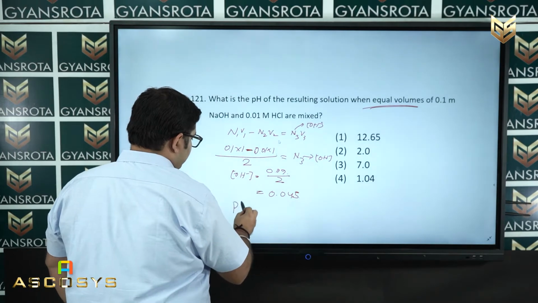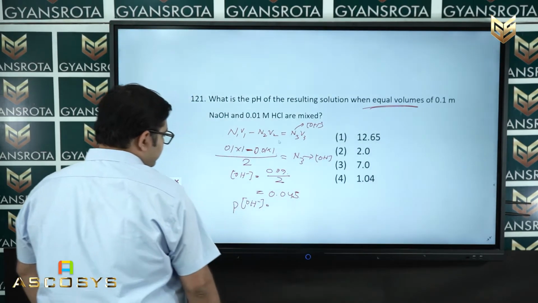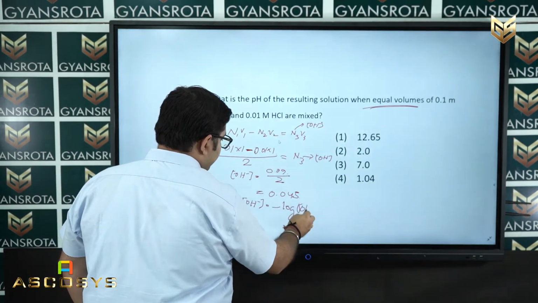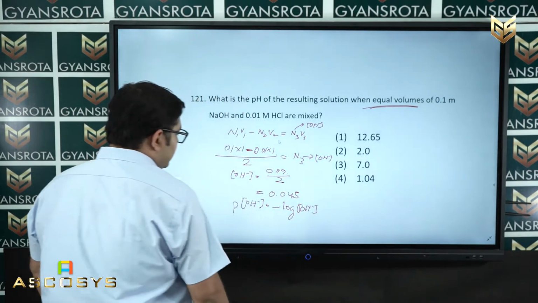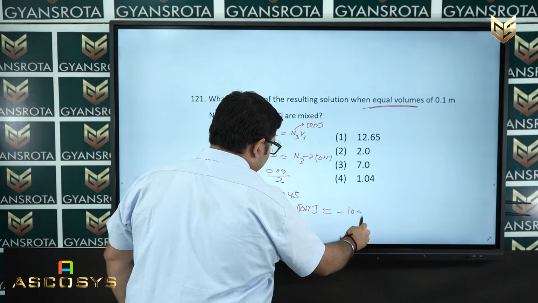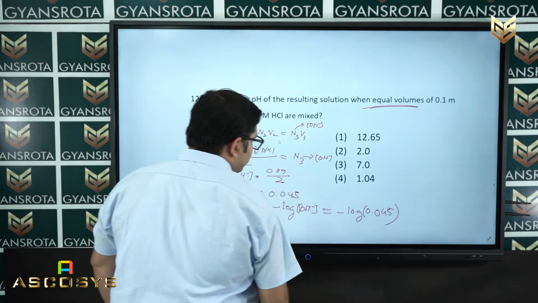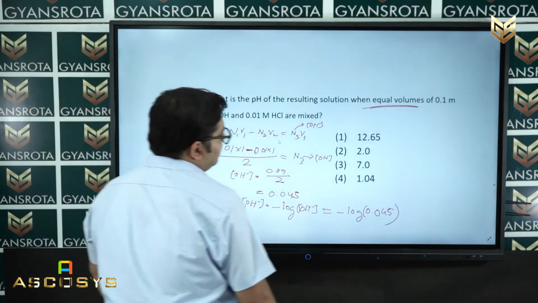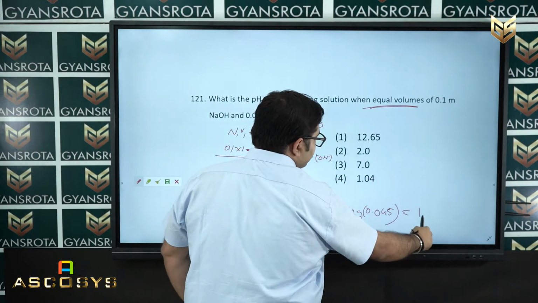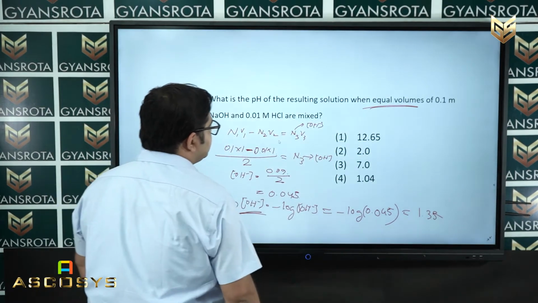Now, to find the pOH, it is minus log of the OH ion concentration, so minus log of 0.045. If you solve this part, the value is coming as nearly 1.35. Okay. So, this is the pOH value.